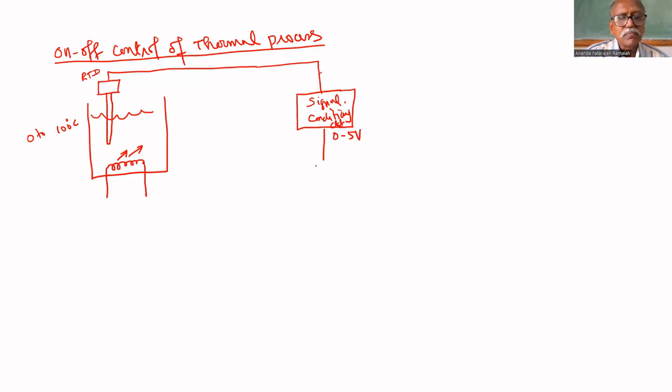That is given to an on-off controller. The set point is given to that on-off controller.